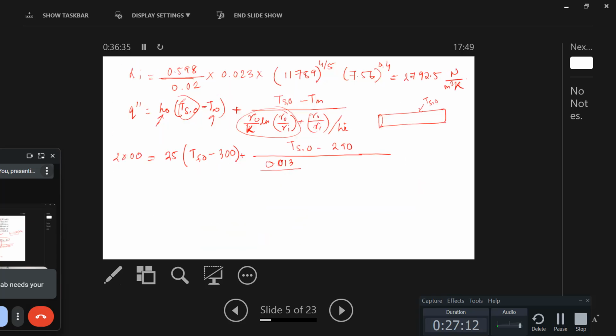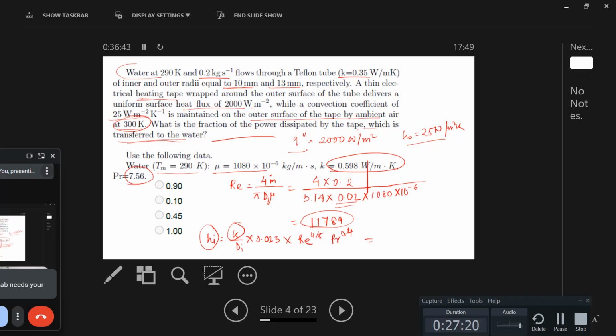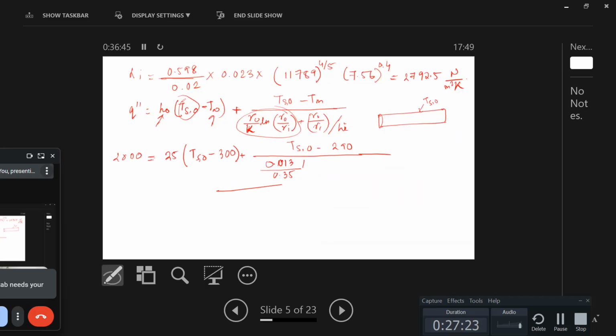So in this case of Teflon only 0.35, divided by hi, we have just found out this is 2792.5. Okay.